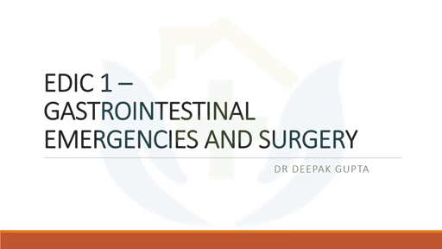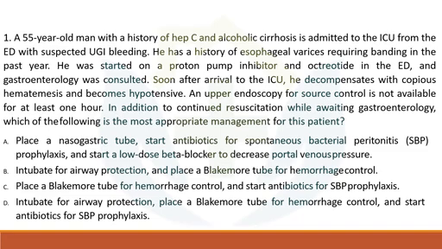So the first question for you all is a type A question. A 55-year-old man with a history of hepatitis C and alcoholic cirrhosis is admitted to the ICU from ED with suspected upper GI bleed. He has a history of esophageal varices requiring banding in the last year. He was started on PPIs and octreotide in the ED, and gastroenterology was consulted.